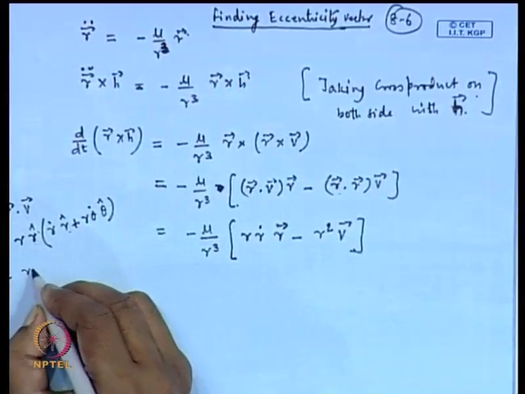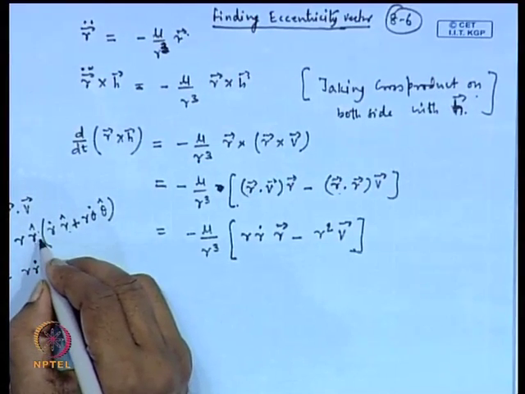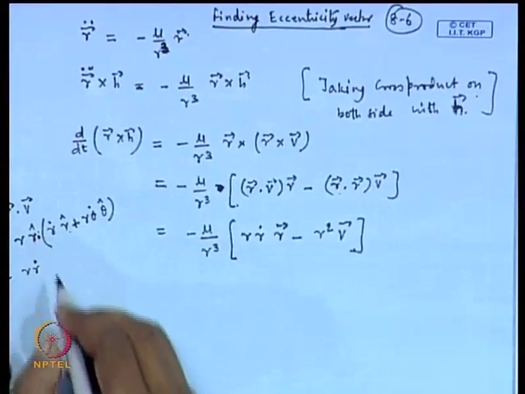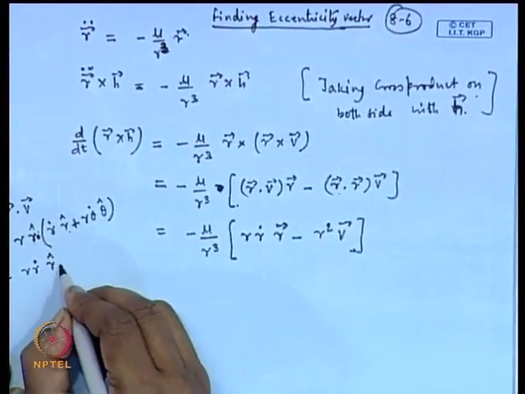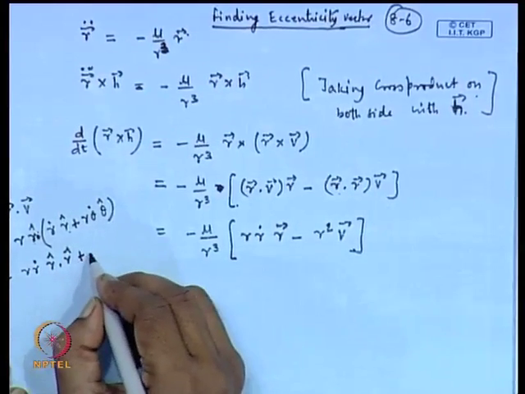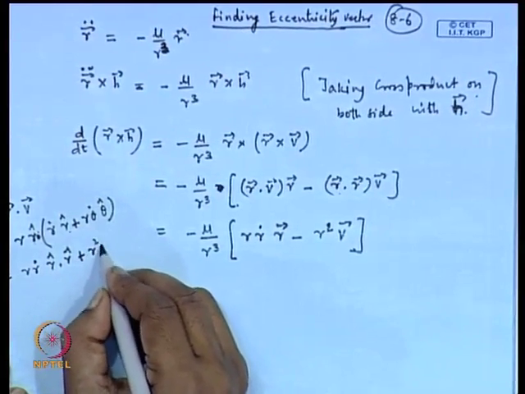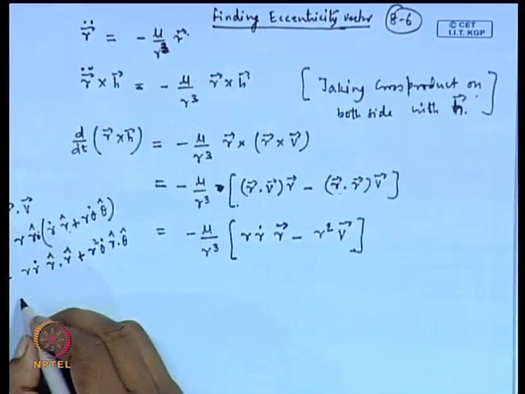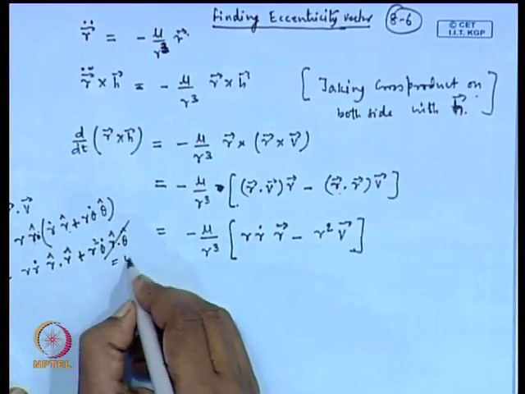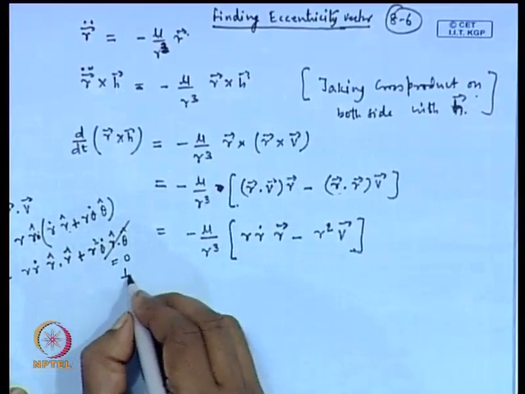So, this becomes r times r dot, this is the dot product here, times r cap dot r cap, plus r square theta dot times r cap dot theta cap. So, this quantity is 0 because they are perpendicular to each other.